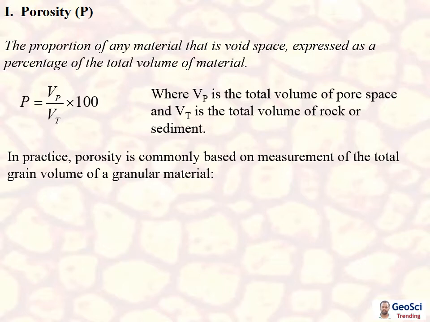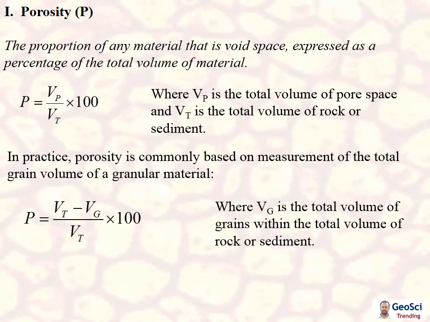Hence, it is a range of practical importance, for unconsolidated and consolidated material. P equal to Vt minus Vg by Vt into 100, where Vg is the total volume of grain within the total volume of the rock or sediment.